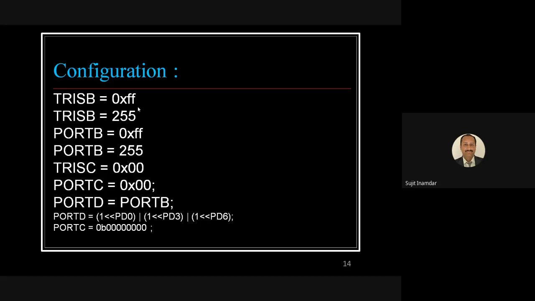FF म्हणजे 11111111 means all the pins of port B are configured as correct input. लिहून घ्या, all the pins of port B are configured as input.